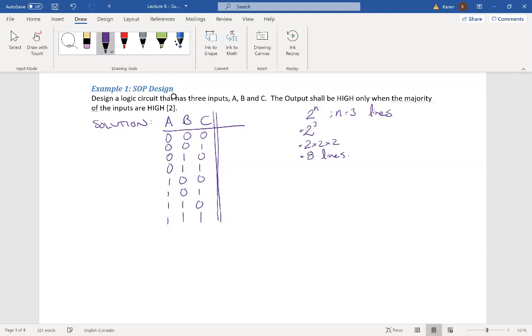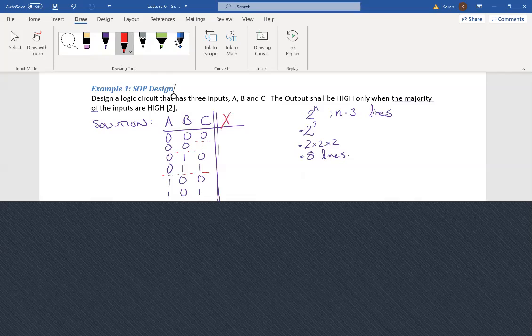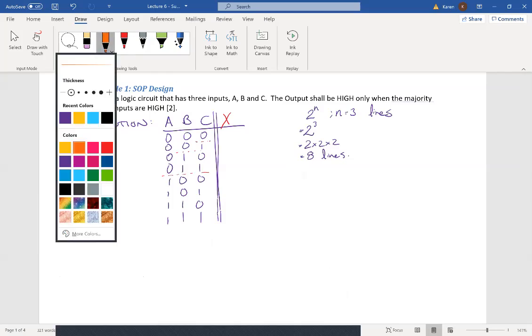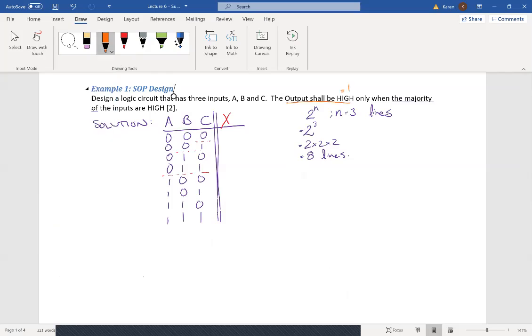And if you don't know how I filled in this truth table by doing half zeros, half ones, and then going half again, half zeros, half ones, half again, half zeros, half ones, then I need you to go back to lecture 1 and refer to that. But that's the way you fill in a truth table so that you know that you have all of the entries. Now the question says the outputs shall be high, which is 1, when the majority of the inputs are high. So the majority of the inputs are high here, so the output's 1.